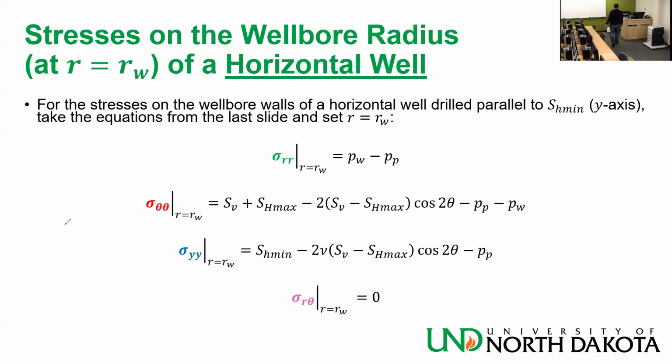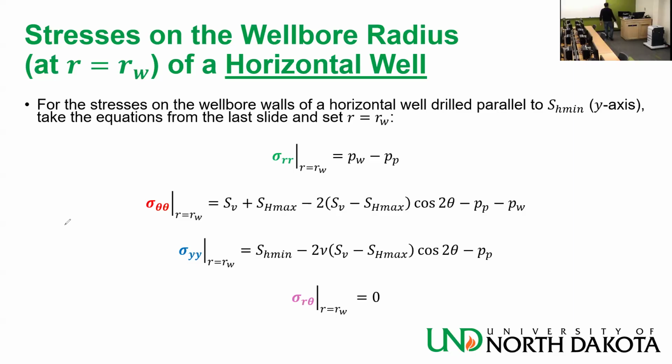Now, somebody may ask, what if it's opening again? What if sigma 3 is S3? Sigma 3 is radial stress, sigma RR, the green. What is going to happen? Is it possible? The answer is yes. And what is going to happen is the side of the well will peel out of the well.